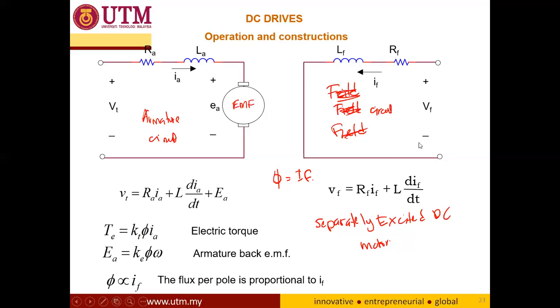If this field circuit is not functioning, there is no current IF flowing, so no flux is produced, meaning that no torque is produced. And this is the back EMF, where the voltage generated is proportional to the speed of the motor multiplied with a constant and also the flux.